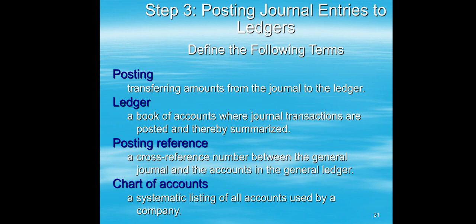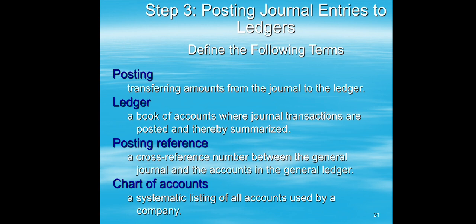In the ledger there are many accounts: account for cash, account for receivable, account for supplies, account for land, building, bank loan, capital, withdrawal, etc. Remember, the ledger is a book, and in it there are many accounts.